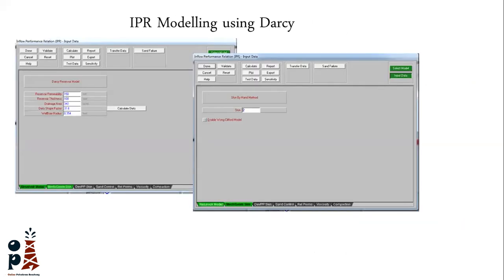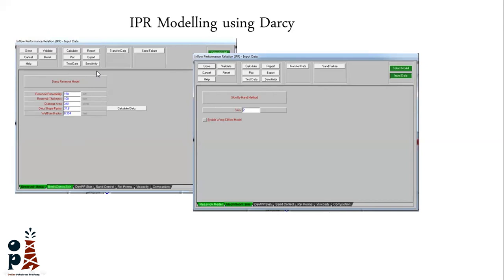Here is an example. This is a screenshot from the Prosper model, which we will speak about later. As we see here, I wanted to draw this IPR curve using the Darcy model. Here, this is the data. I use this model because I already have this data and I have no problem with it.